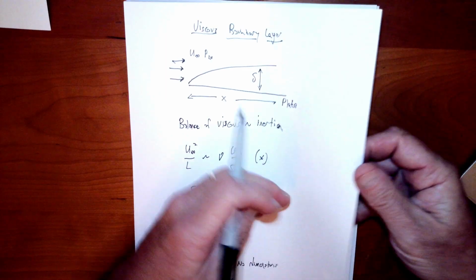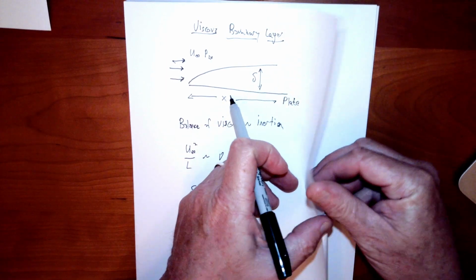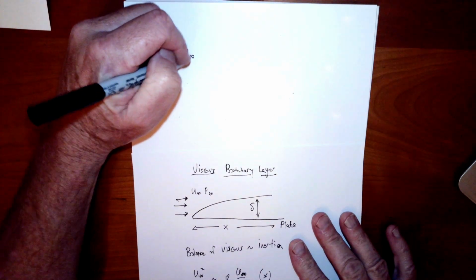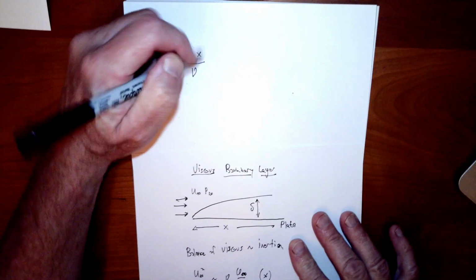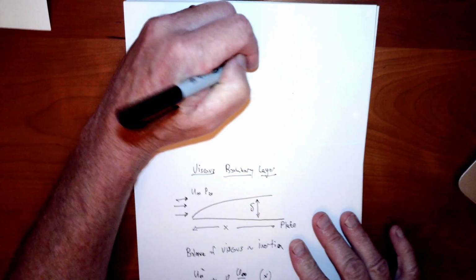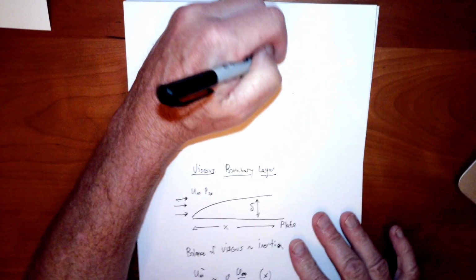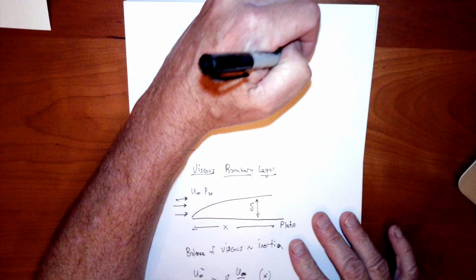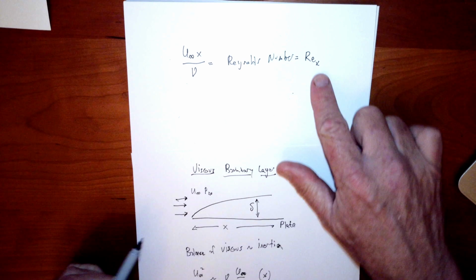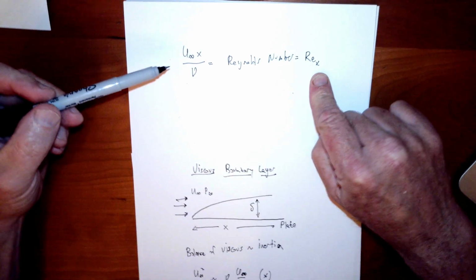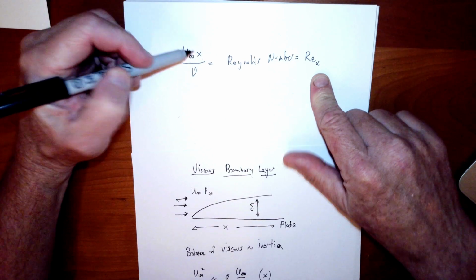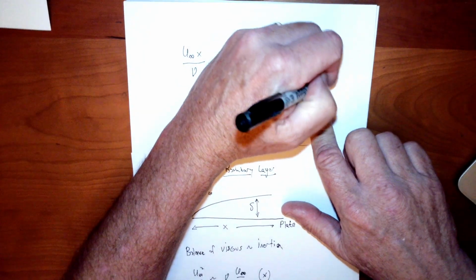So the grouping on the right-hand side, that u infinity x over nu, that is the Reynolds number. So u infinity times x over nu is a very famous number in fluid mechanics. It's called the Reynolds number. And you'll see this number all the time when you're studying fluid mechanics. The symbol for that would be Re sub x. You can have any length scale here. It could be Re sub D or Re sub L, depending on what length scale you want to put in here. And this has, again, no dimension.